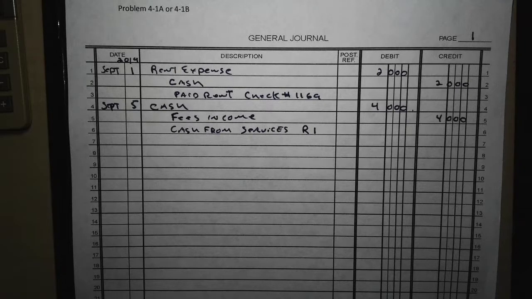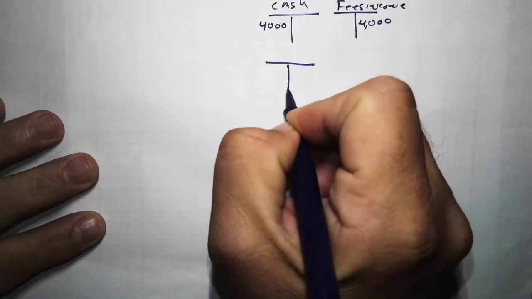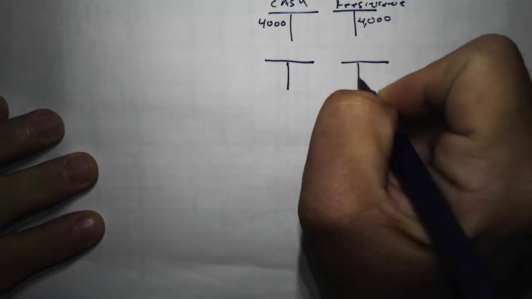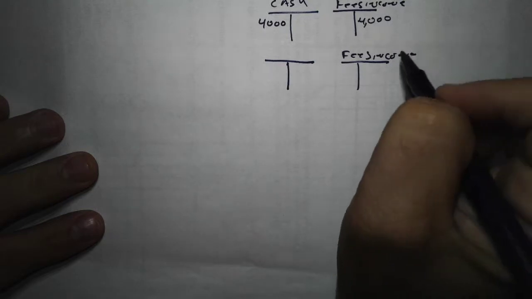Let me do one more here. We received cash on credit. It's basically the same transaction. I'm sorry, we performed services on credit. So again, we're going to have fees income as the credit, and that would be for $2,950.